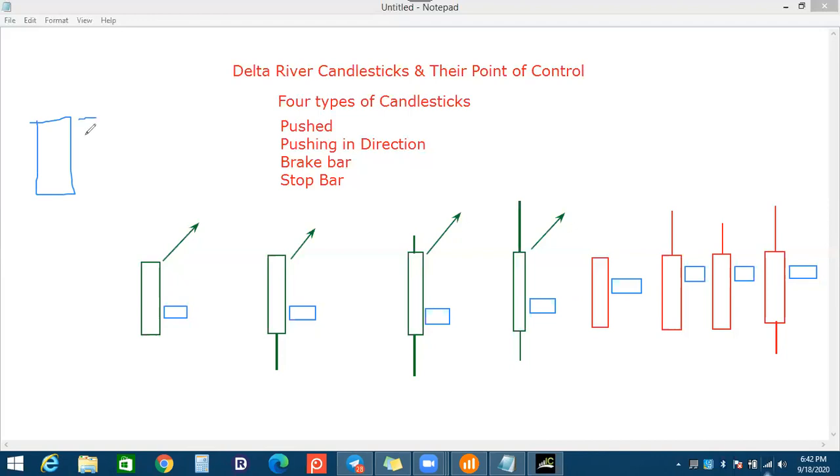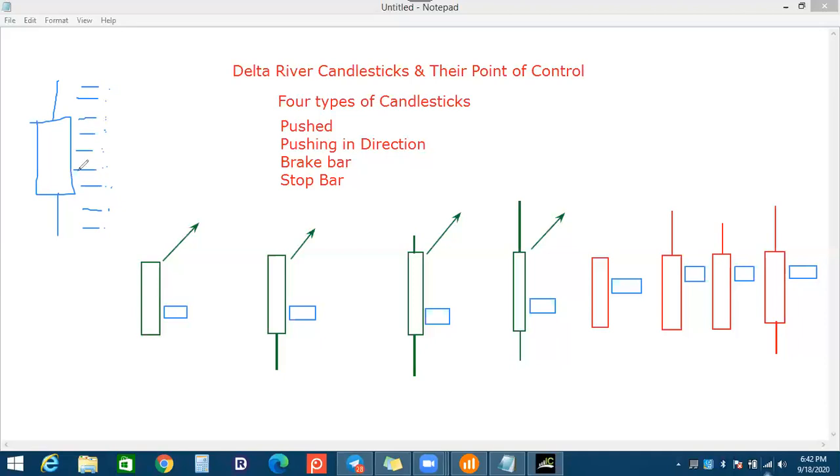A tick is a quantity where the volume is traded. So how many ticks are there in this candle? 5 ticks: 1, 2, 3, 4, 5. If there is a wick, 2 more ticks. So 1, 2, 3, 4, 5, 6, 7, 8, 9. There are 9 ticks in this candle.